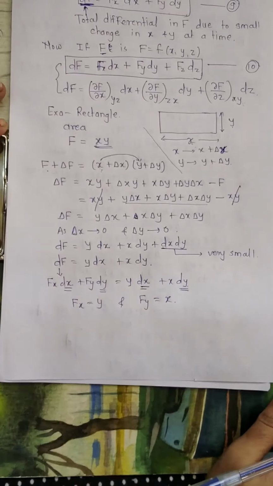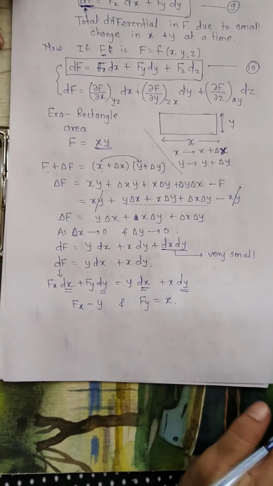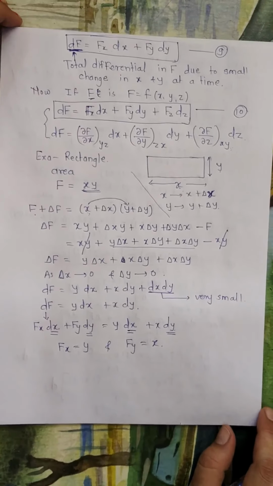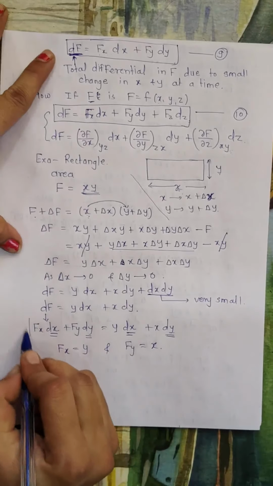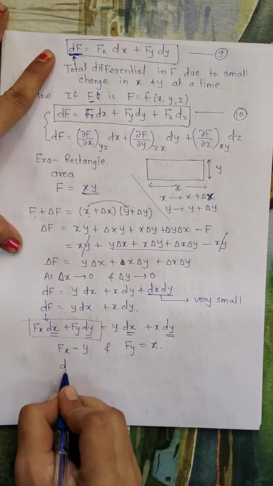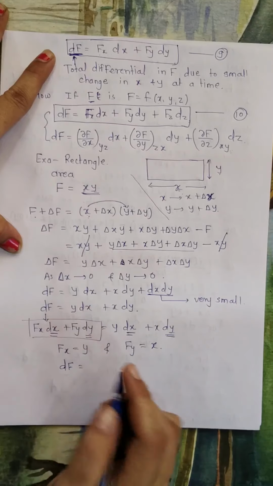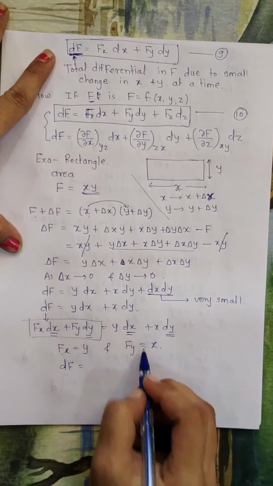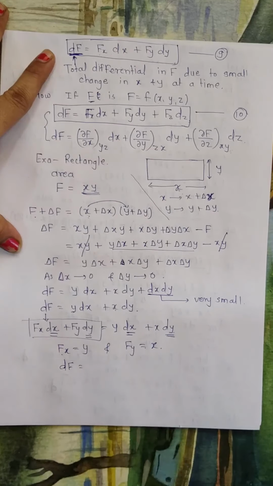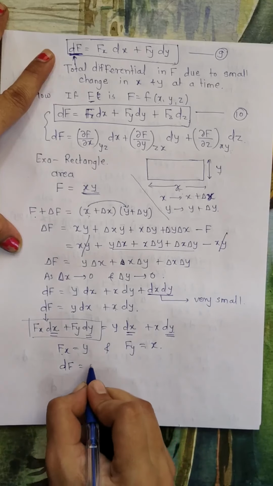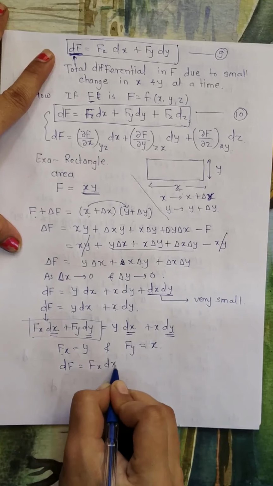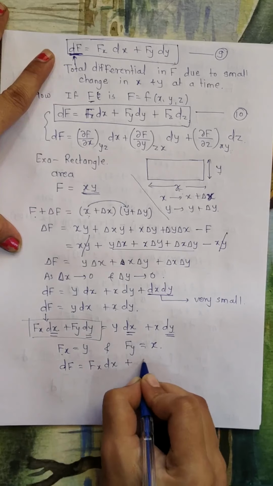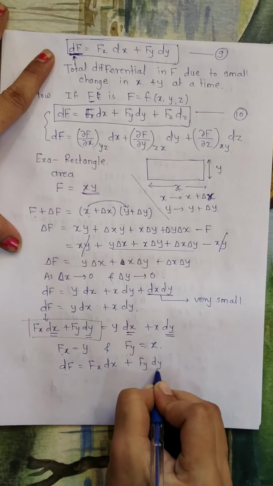This means that instead of y I will put fx and instead of x I will put fy. So what I will get is fx dx plus fy dy.